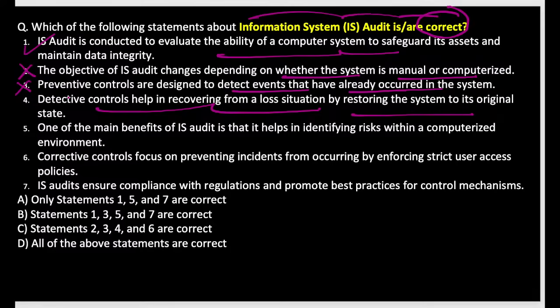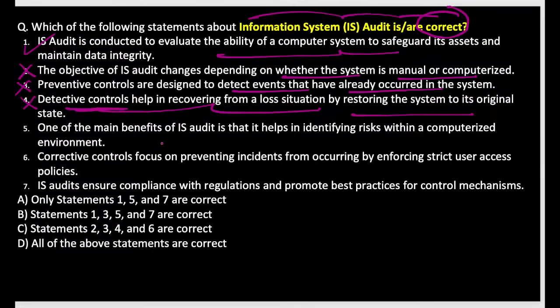It should be corrective control, not detective, okay. Detective we use for random checking, it is kind of ongoing. Detective control is basically on the ongoing system. Corrective is feedback oriented, so it is feed forward. Detective is feed forward, not feedback.